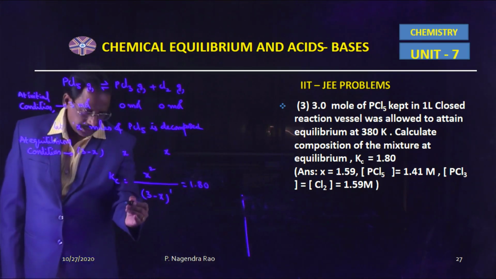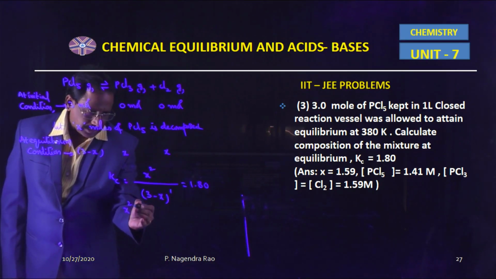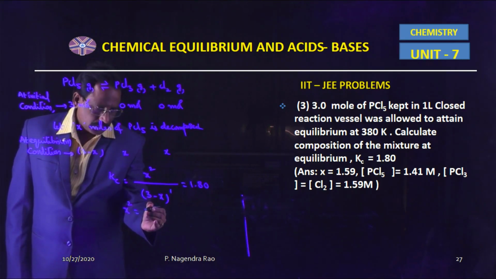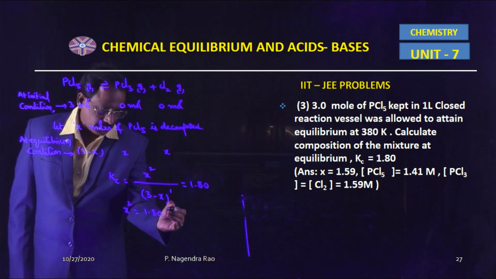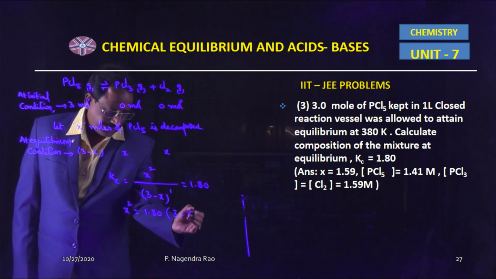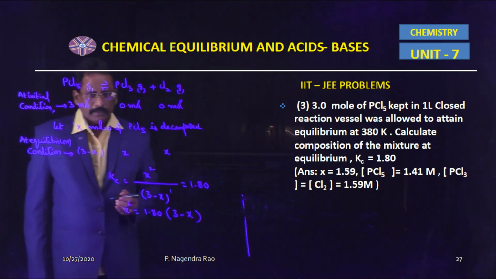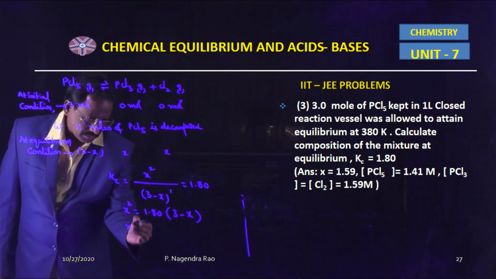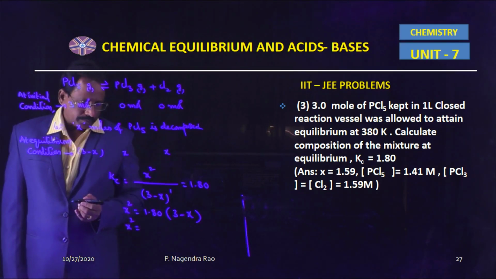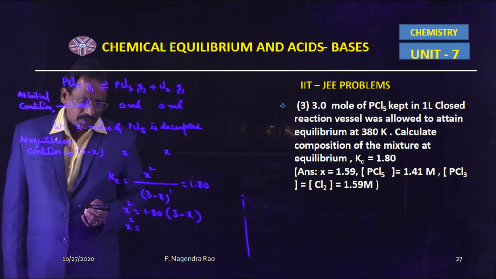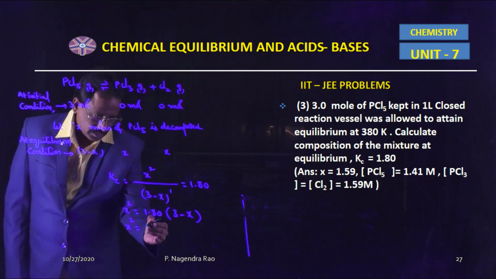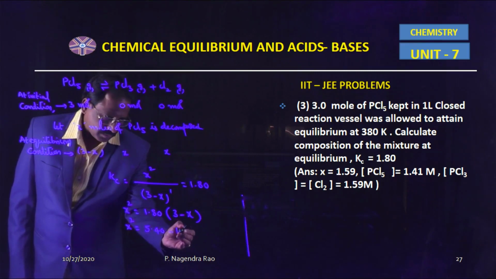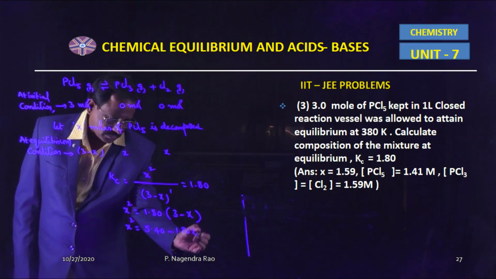So x square is equal to 1.80 into 3 minus x, that is x square is equal to 5.40 minus 1.80 into x.